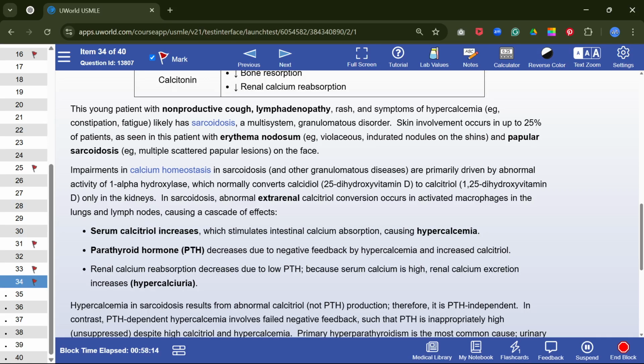Give negative feedback. Urinary calcium.